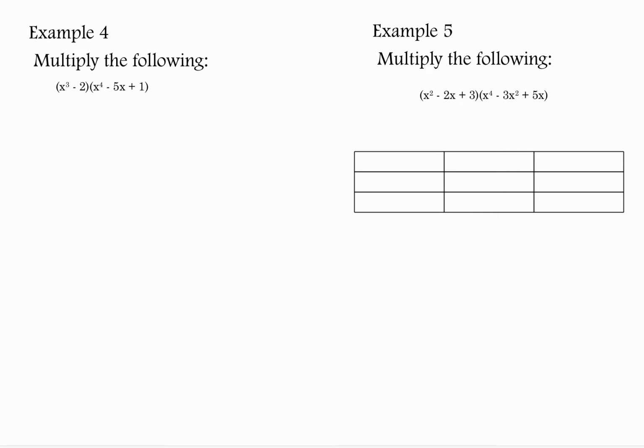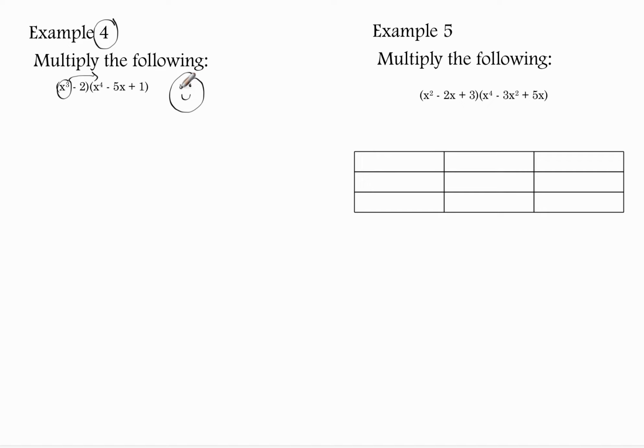So for this one right here, example 4, to tell you the truth, I'd probably just do distribution. It's easy to distribute just two terms because I can quickly know, this is how I do it quickly, x cubed. I simply look, this is my shortcut.